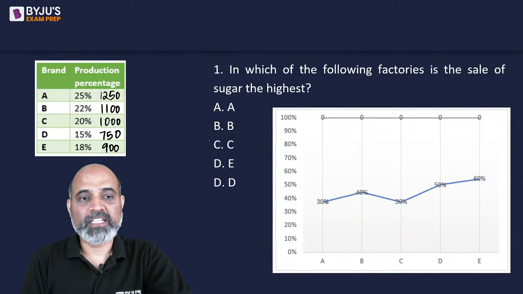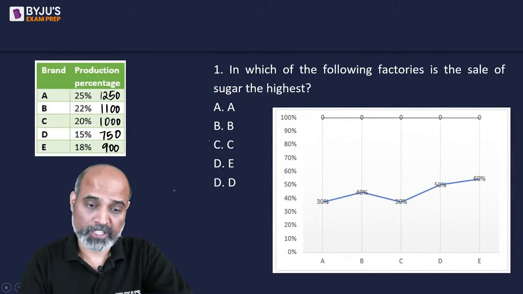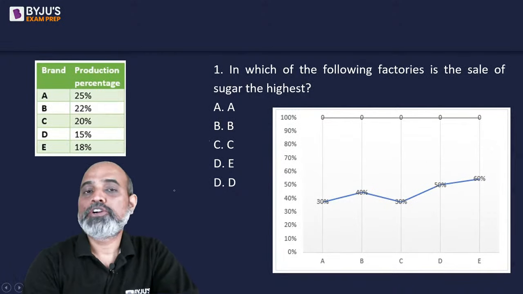So it's going to be 30% of 1250, 40% of 1100, 30% of 1000, 50% of 750, 60% of 900. This is how we would generally proceed. Now, we're not going to use this approach.